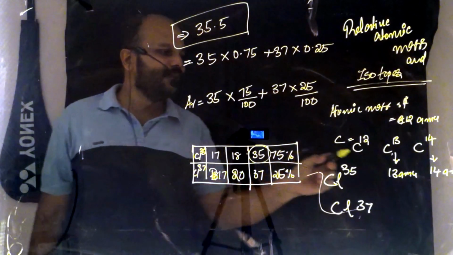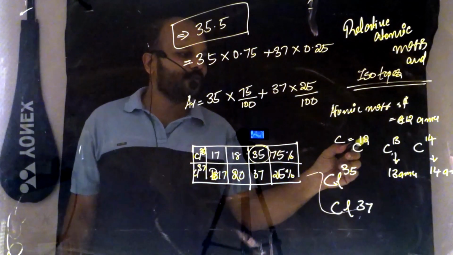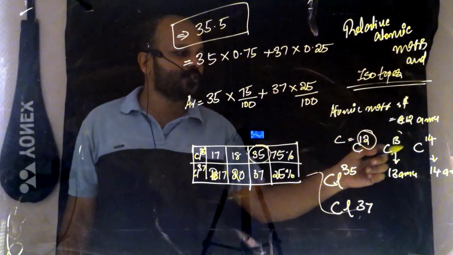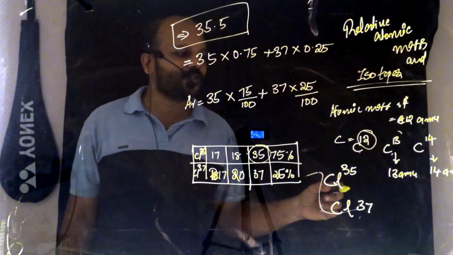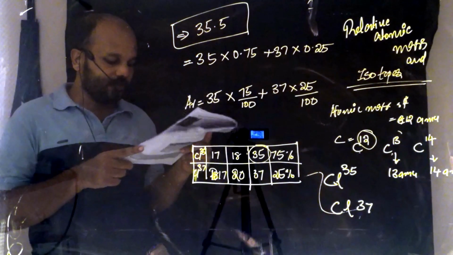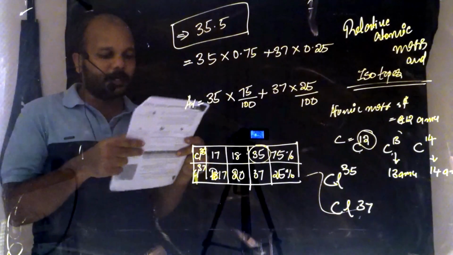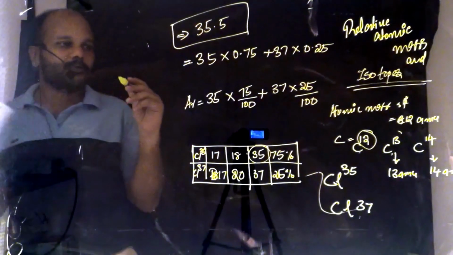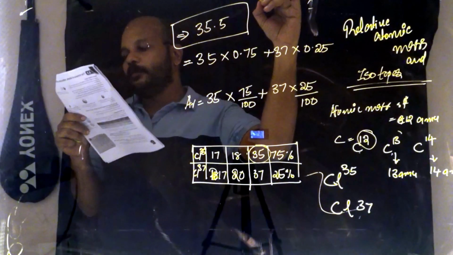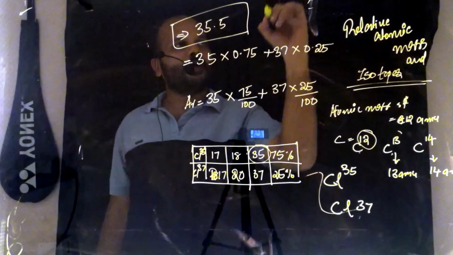For carbon, we will multiply 12 into the relative abundance of C12, plus 13 into the relative abundance of C13, plus 14 into the relative abundance of C14. Okay, so this is how we will be calculating. And for some of the common elements, let's see the atomic mass. For example, hydrogen is going to be 1.